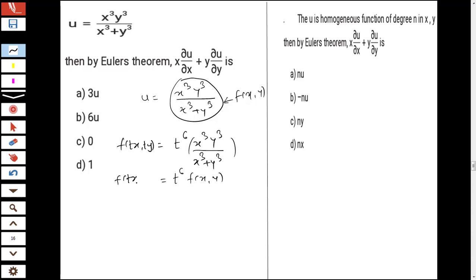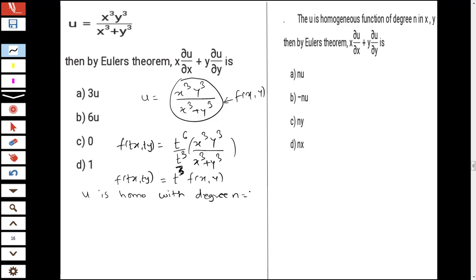So the given function u is homogeneous with degree n equal to, okay, we have made one error here: that t raised to 6, and in the denominator we have t cube. So it will not be t raised to 6, it is t raised to 3 into f of xy.